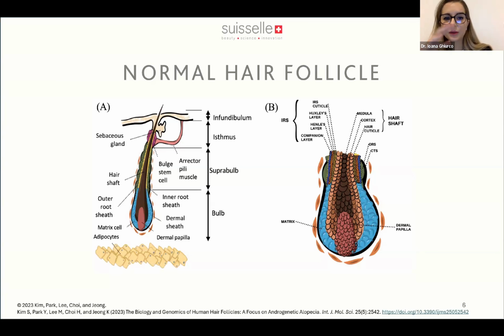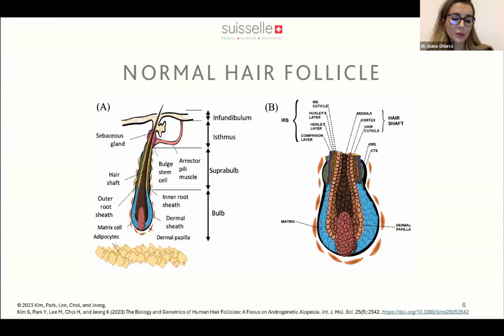The superficial segment, the infundibulum, will communicate with the skin surface and also with the sebaceous gland duct, this being a way that the topical agents that we put on the scalp can penetrate inside. In the isthmus region, we have the insertion of the erector pili muscle and the bulge.